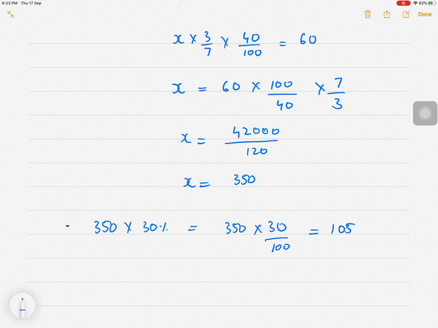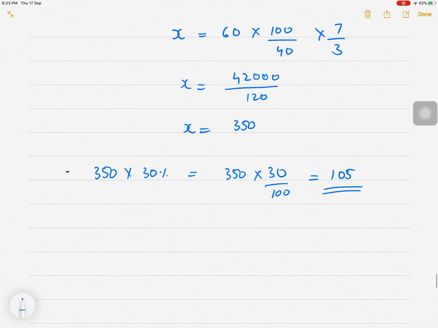So 105. Therefore 30% of that number is 105.